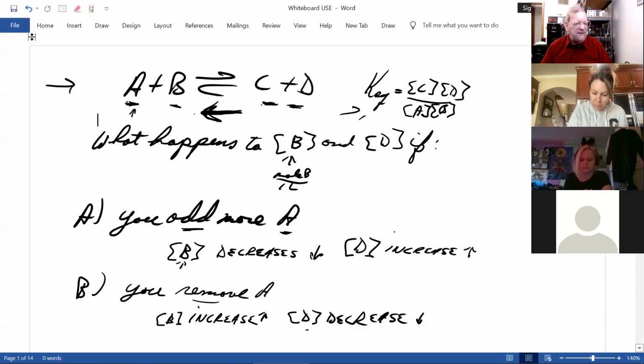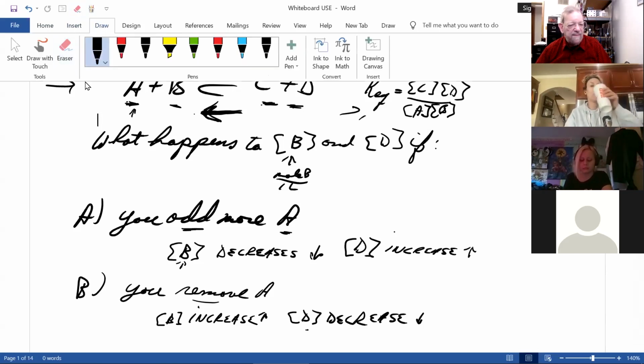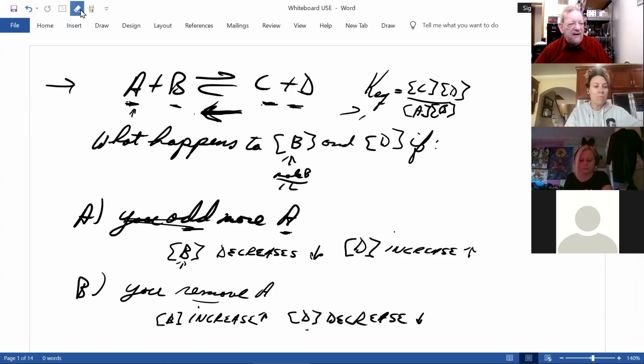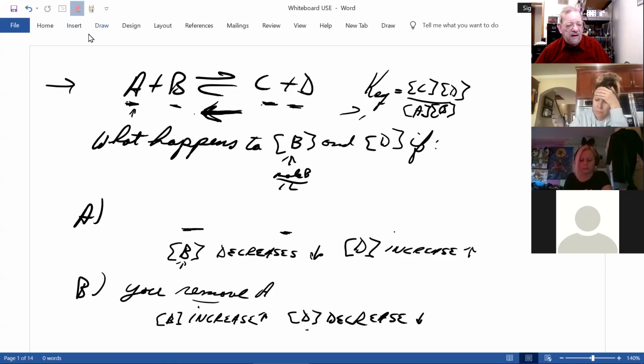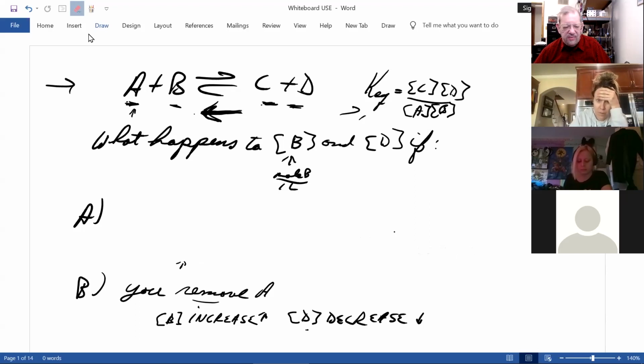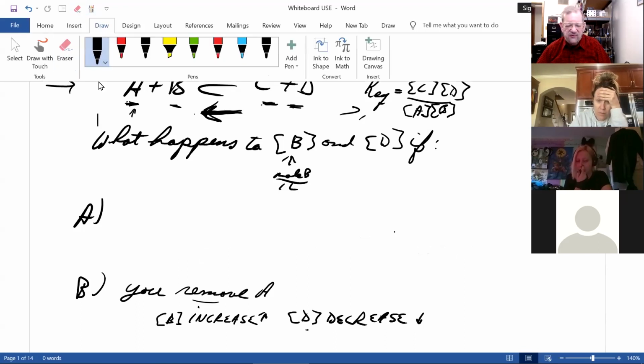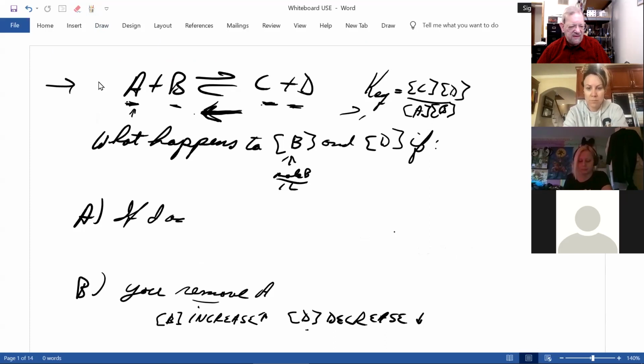Let's do one more. And I'm going to let you try this one. What happens to the concentration of A and B if I add more C?